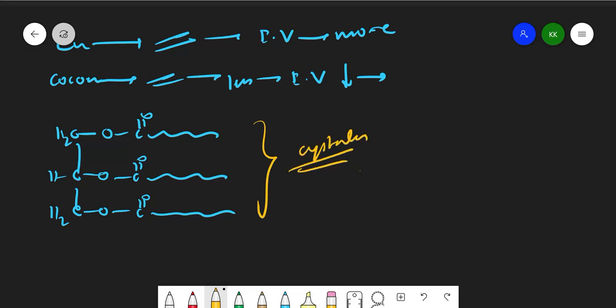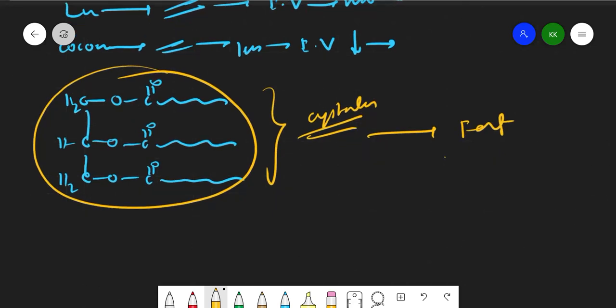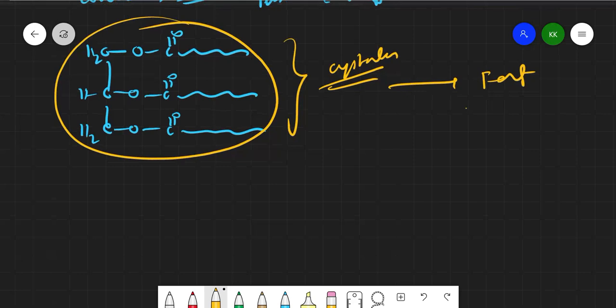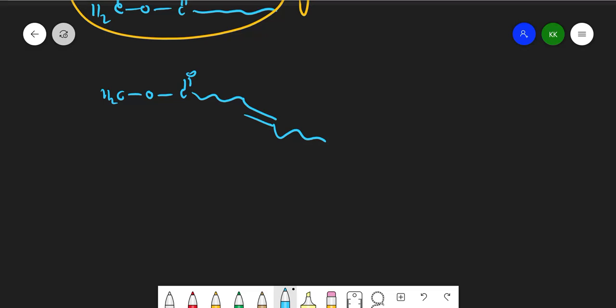Most of them are fats, right? Coconut fat will have less iodine value, whereas linseed oil has very high unsaturation. Because of that, its packing will not be that good. Here unsaturation comes, so packing will not be good, because of which they will be oil, not solid.